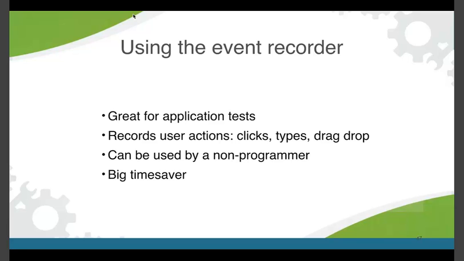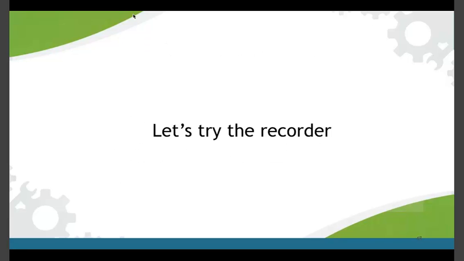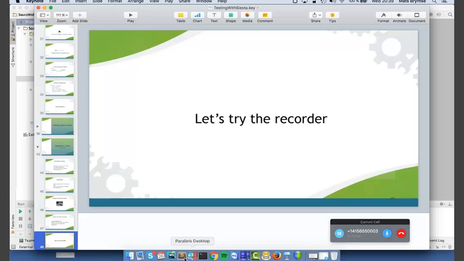What it does is that it records all the user actions, like clicks, types, and drag-drops, performed while you record. And this also means that tests can be created by a non-programmer. And at the end of the day, it just ends up saving you a lot of time. And I want to switch over to Siesta again to show you this recorder.